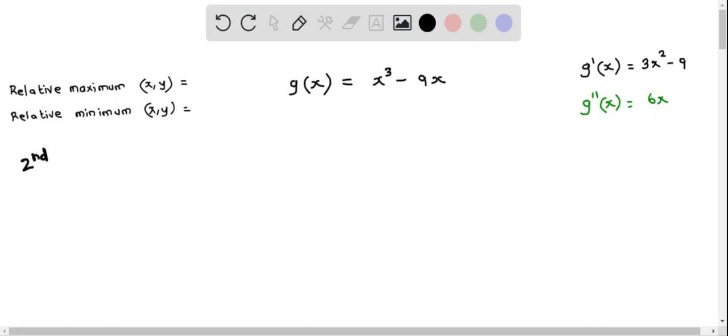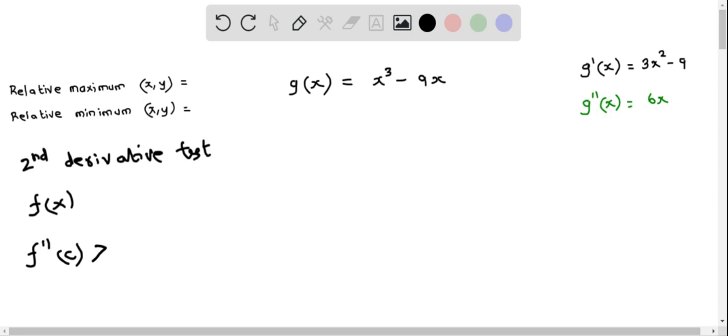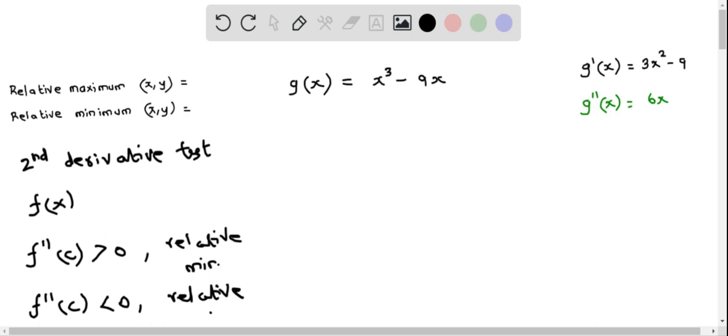In the second derivative test, we say that for a function f of x, if f double prime of c is greater than 0, it is a relative minimum, where c is the critical point, and if f double prime of c is less than 0, it is a relative maximum. This is according to the second derivative test.